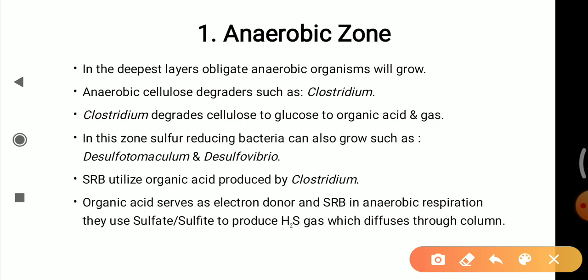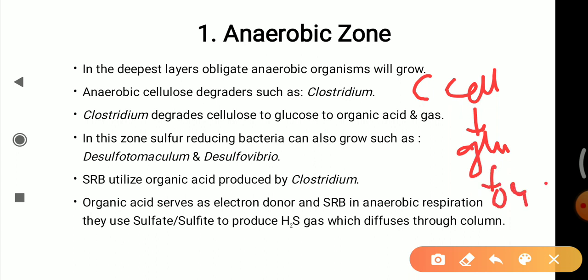In the deepest layer we find the anaerobic zone. Clostridium degrades the cellulose into glucose, and glucose is further broken down into organic acid and gas.